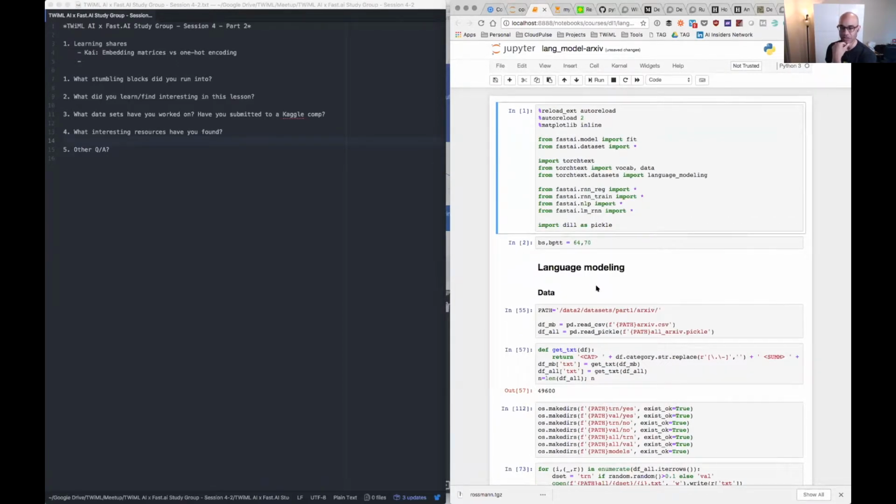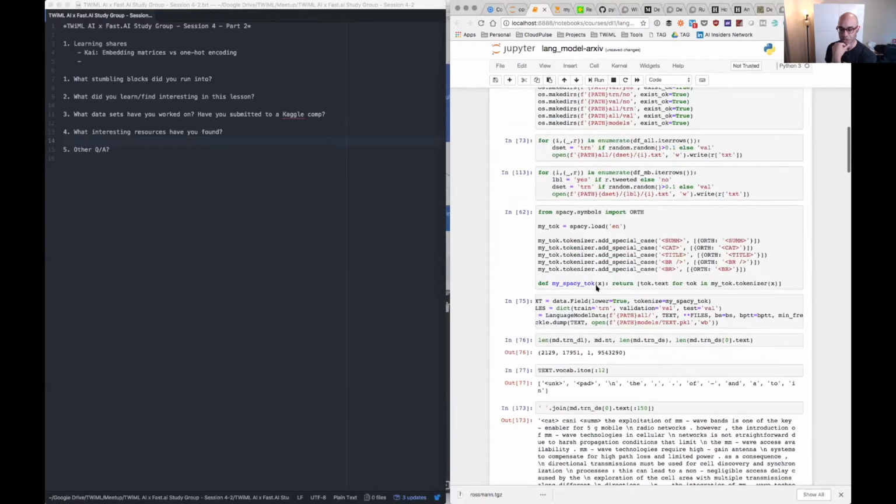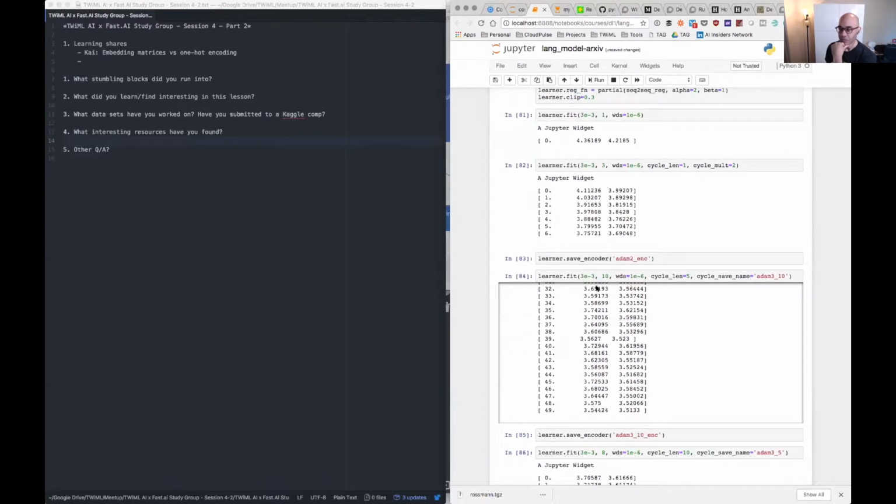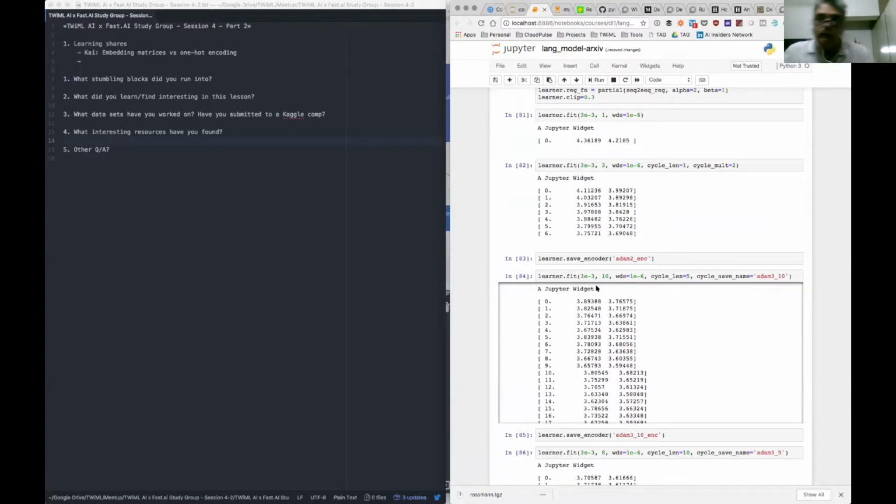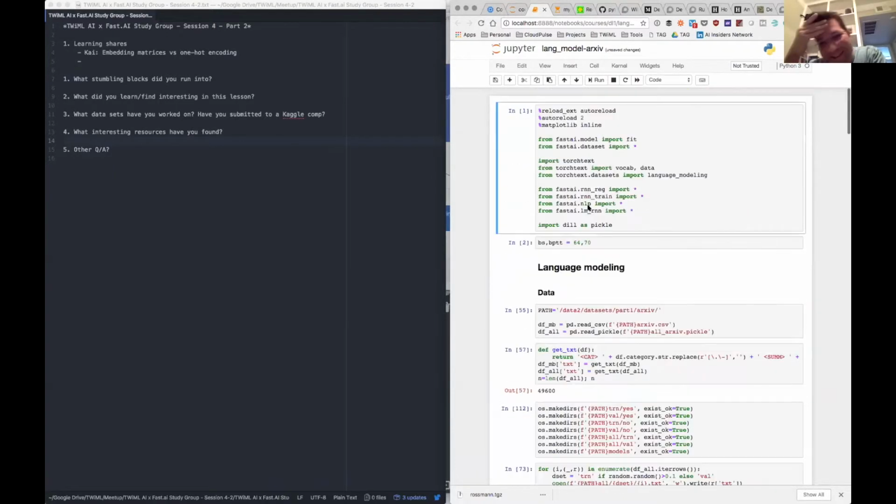Did you have to find where it was in the forums and then pull it down? Yeah, I must have. Okay. I didn't actually get it to run. I'm training my IMDb data set as we speak.